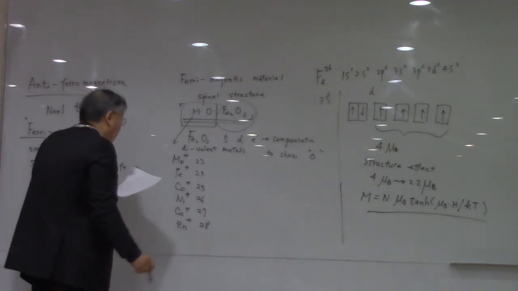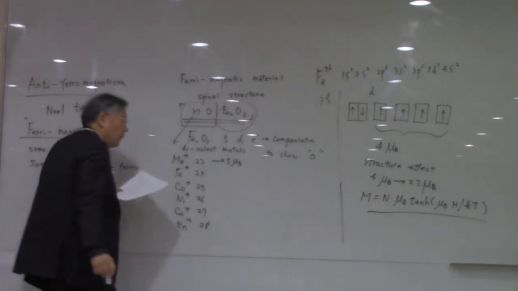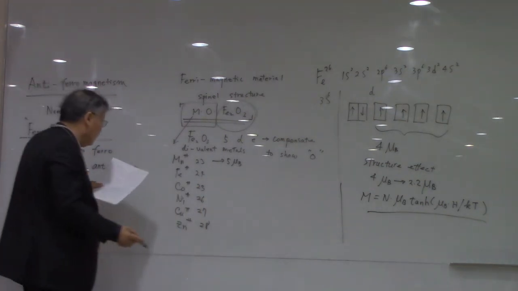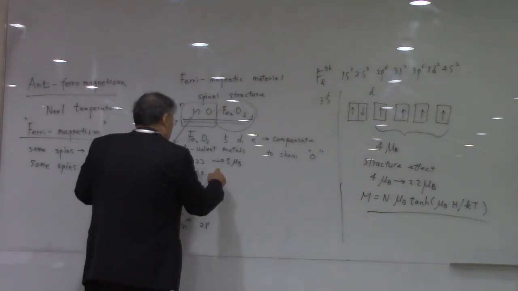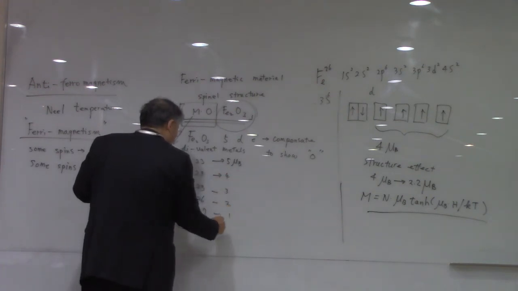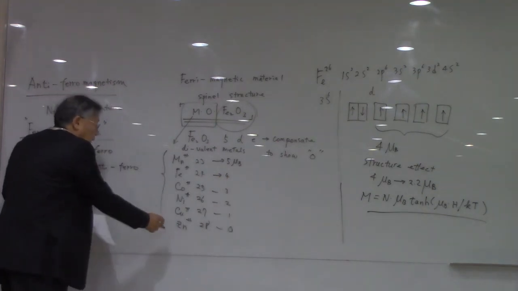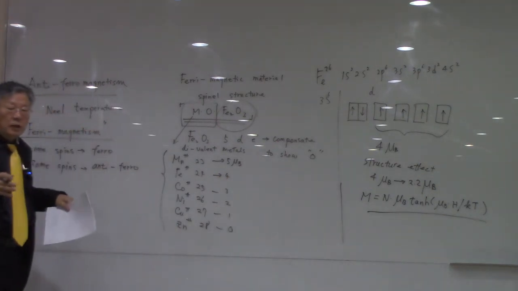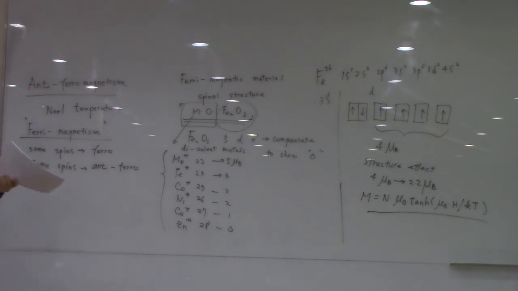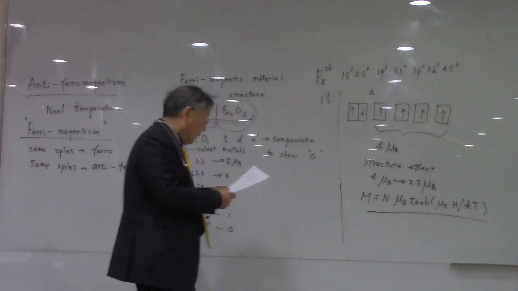Okay? And then this one has 5 Bohr magnetons, has a net magnetic moment. And this one has 4, 3, 2, 1, 0 magnetic moment. And this is perfectly matched with the concept that we had for the ferromagnetic materials, things like that, okay?